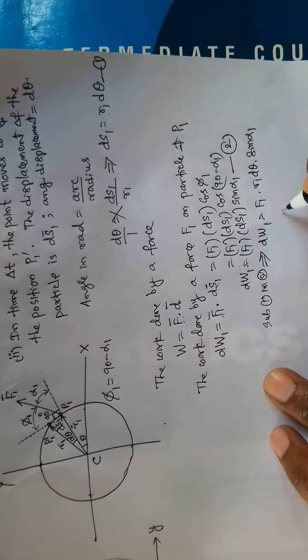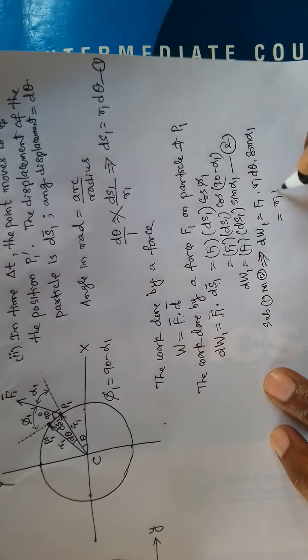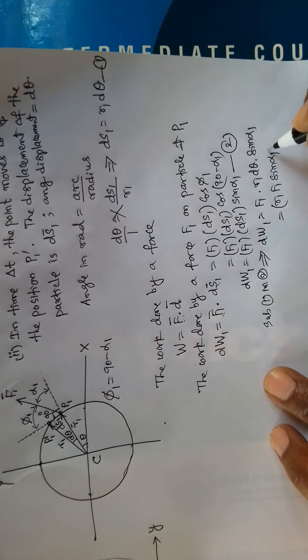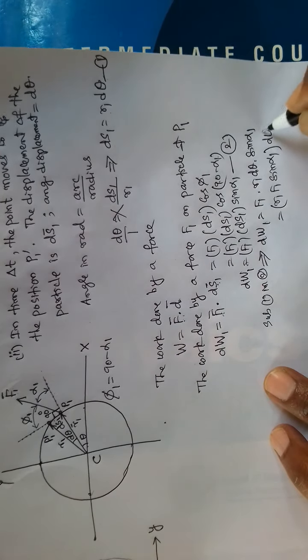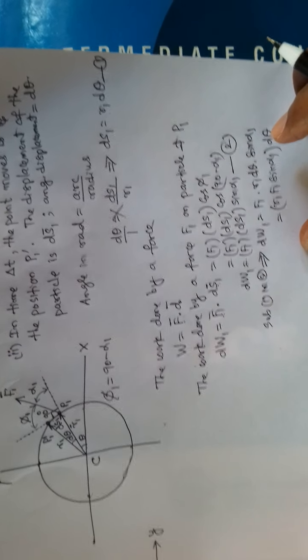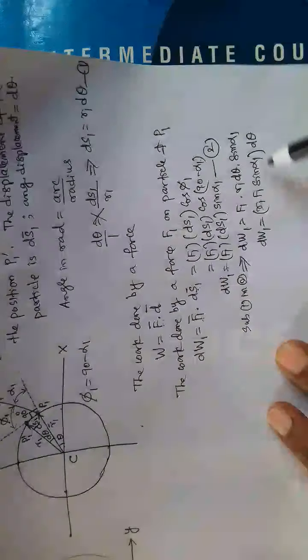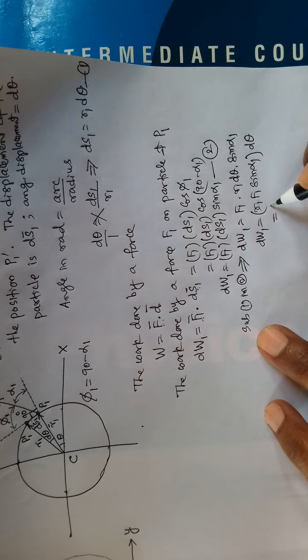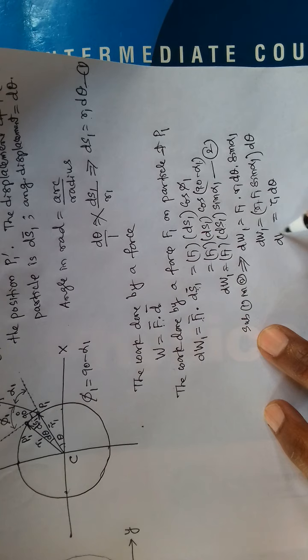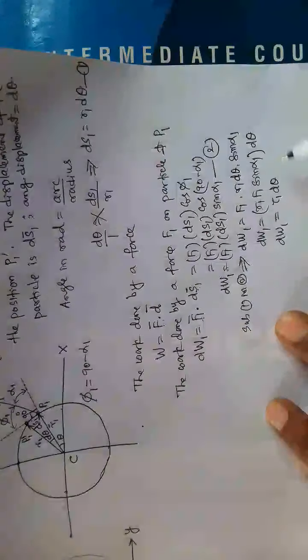Now r1 F1 sin alpha 1, let us write d theta here. But r F sin alpha is nothing but torque, therefore torque 1 d theta. So dW1 is equal to torque 1 d theta.